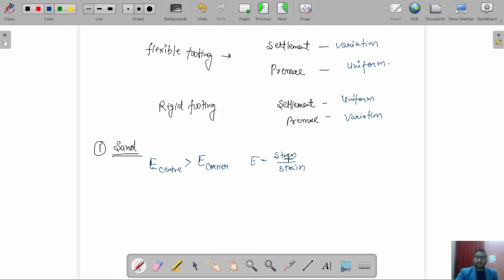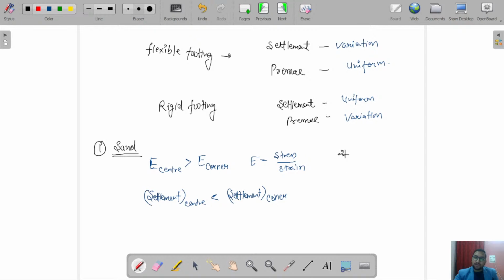Strain is the representation of deformation, or you can say here it is settlement. If E is greater, it means deformation will be less. So you can say settlement at center will be less than settlement at corner. Right. So this is for sand.